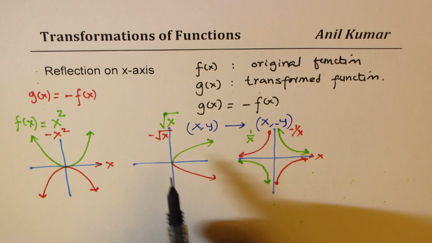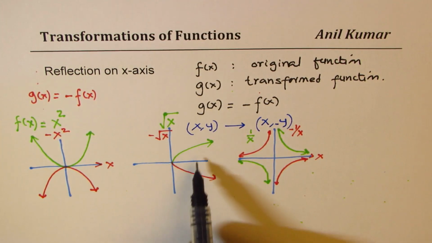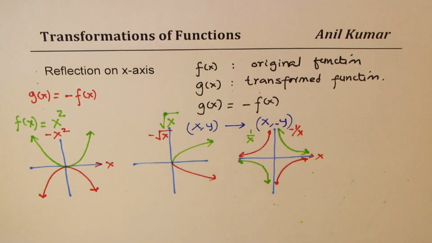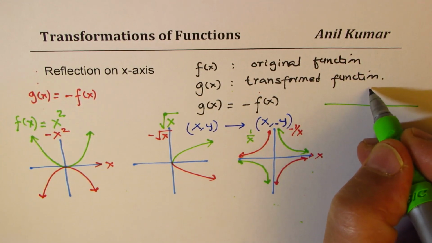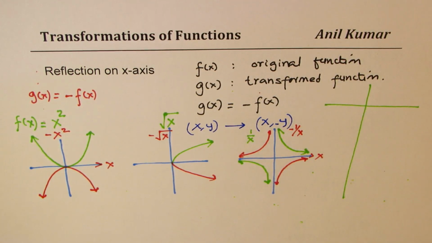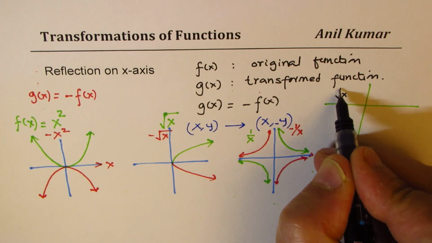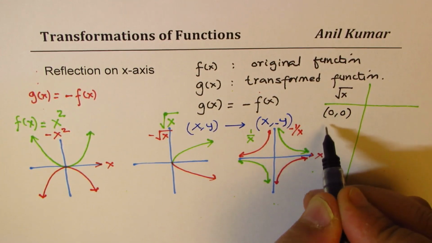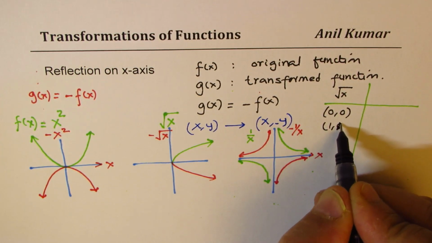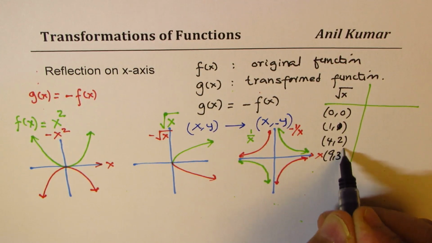If you're considering points, let me take the function here, which is the square root function. So if you're plotting points, you could show it like this. On the function square root x, your points could be (0, 0), (1, 1), (4, 2), (9, 3), right?